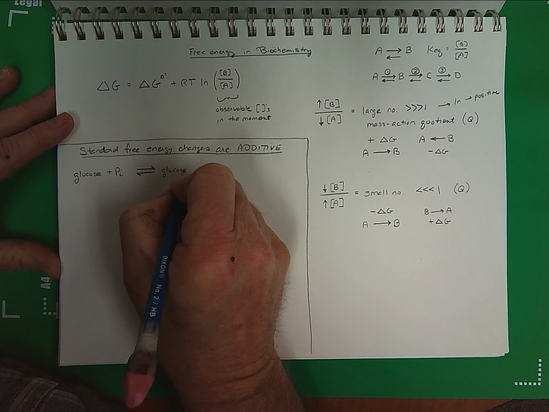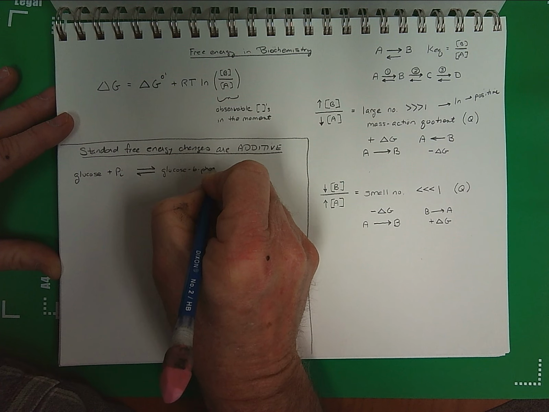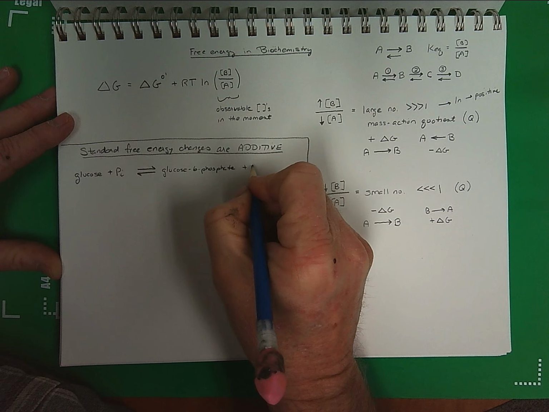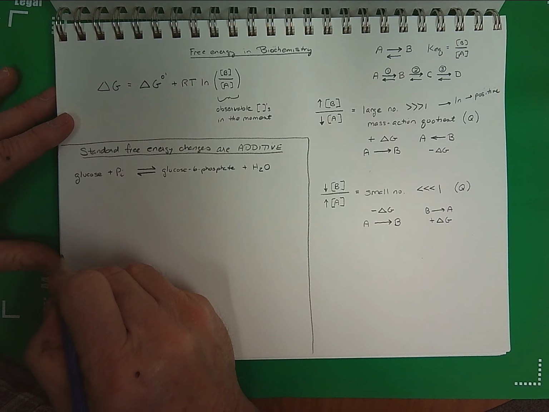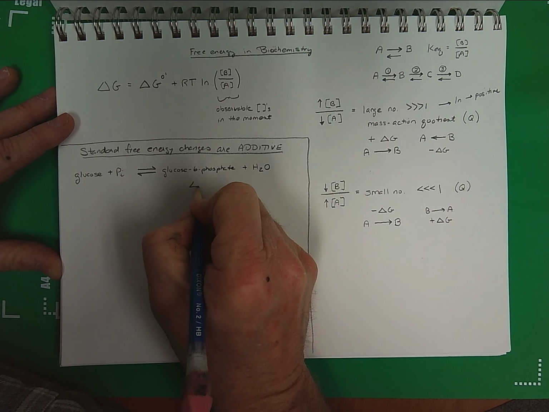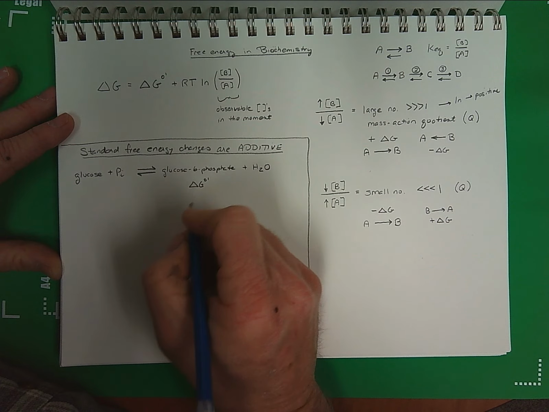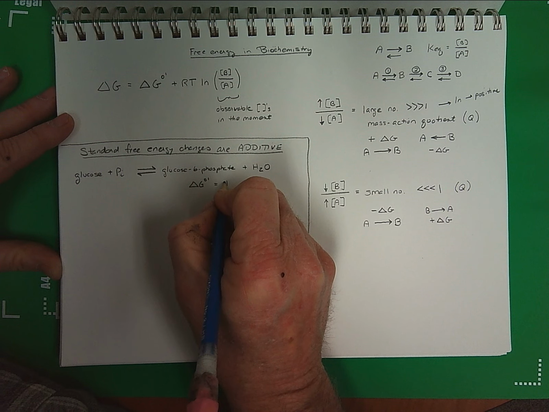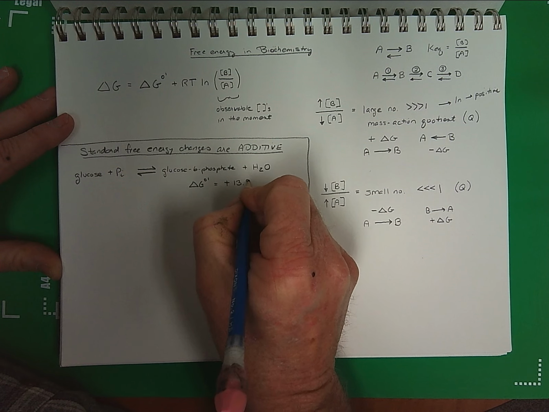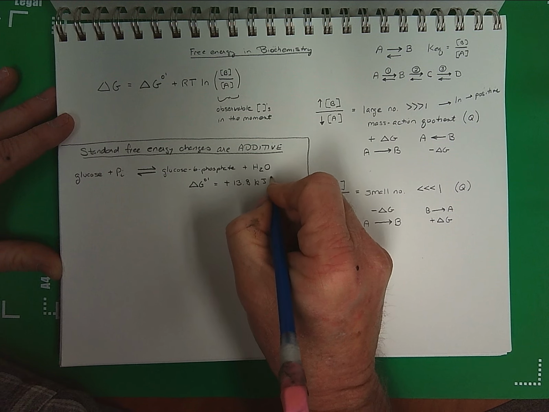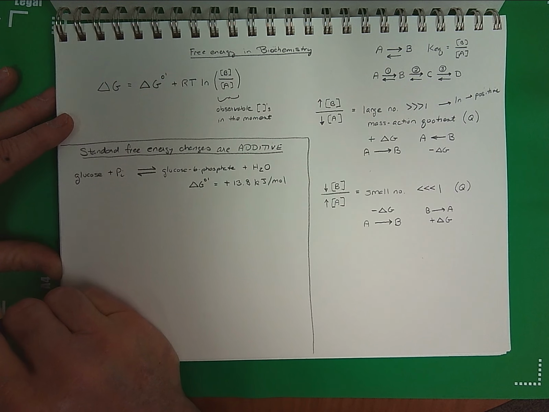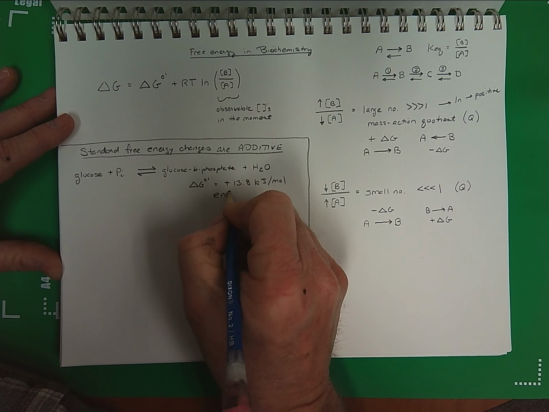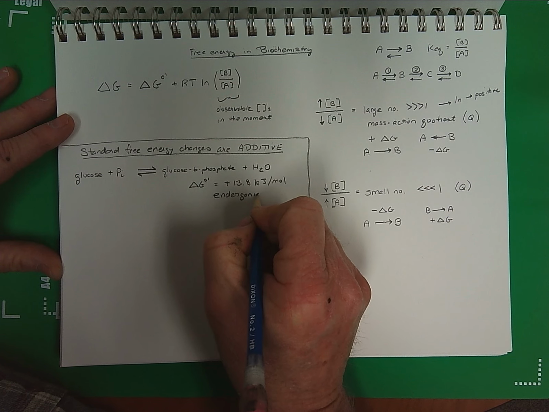We are going to form glucose 6-phosphate as our product plus water in this reaction. And if we look at the delta G 0 prime of this reaction, this is a positive 13.8 kilojoules per mole. In other words, this is an endergonic reaction.